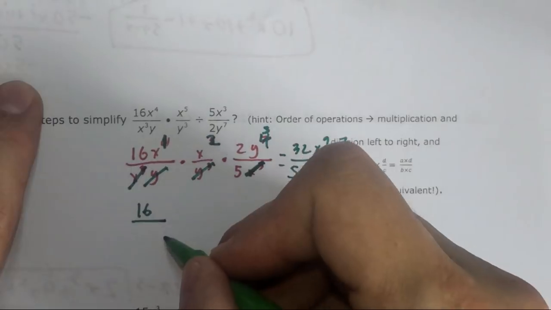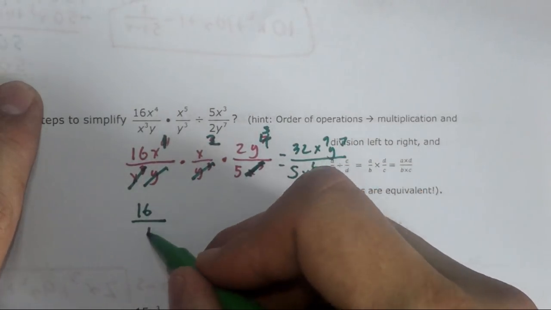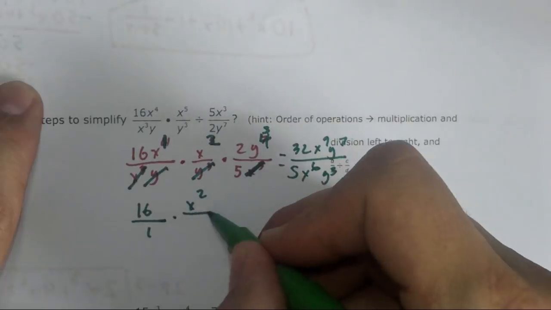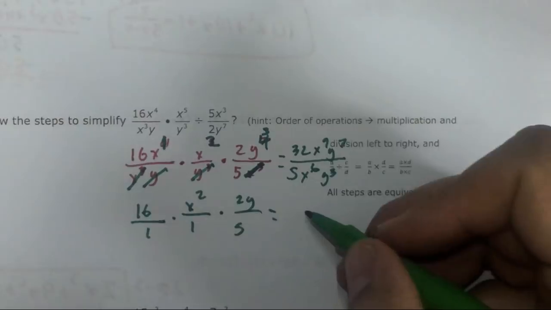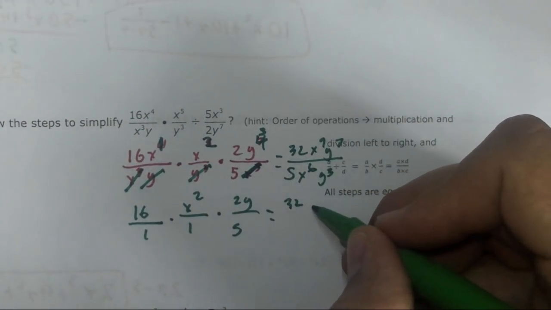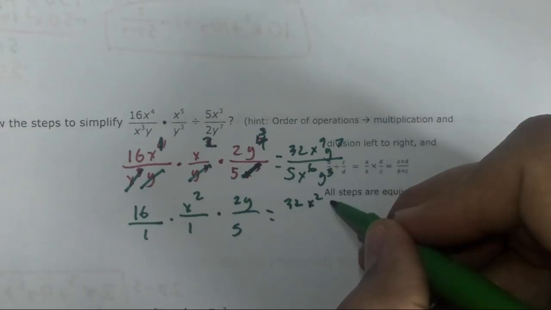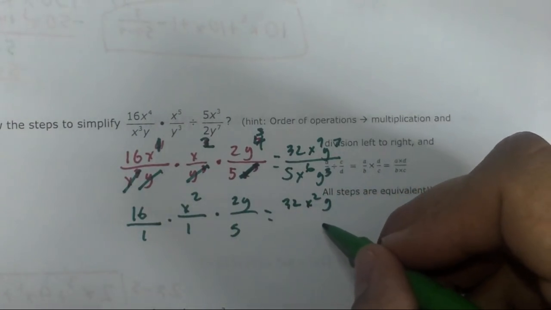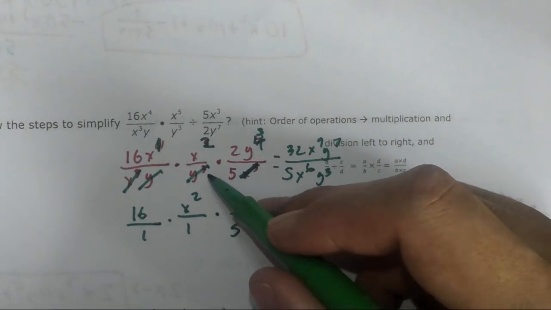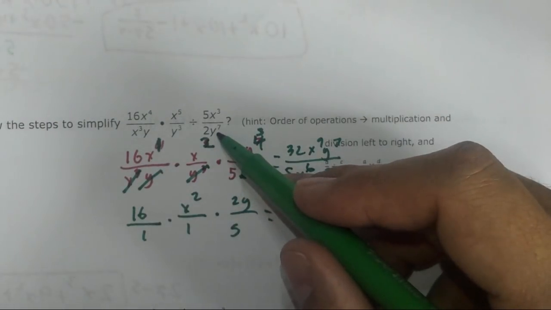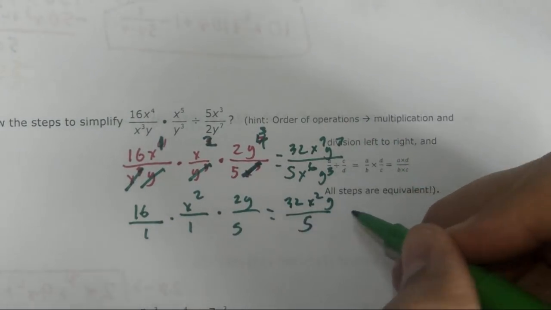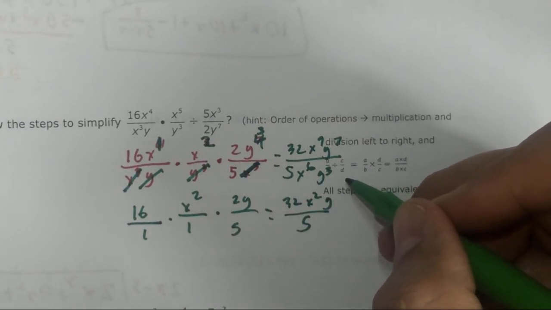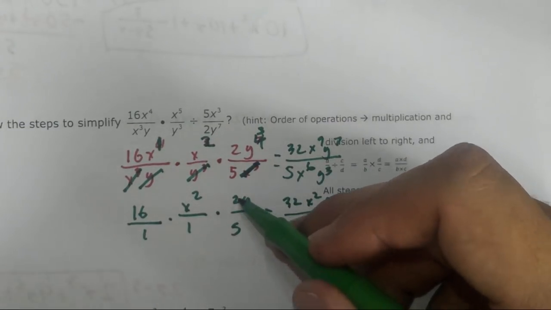So I now have 16. And what else do we have? Nothing else. 16 over 1, x squared over 1, 2y over 5. And if I multiply this out, I get 32 x squared y. Wait, that's not right. Oh, that's a 7 over 5. This should be a 4.